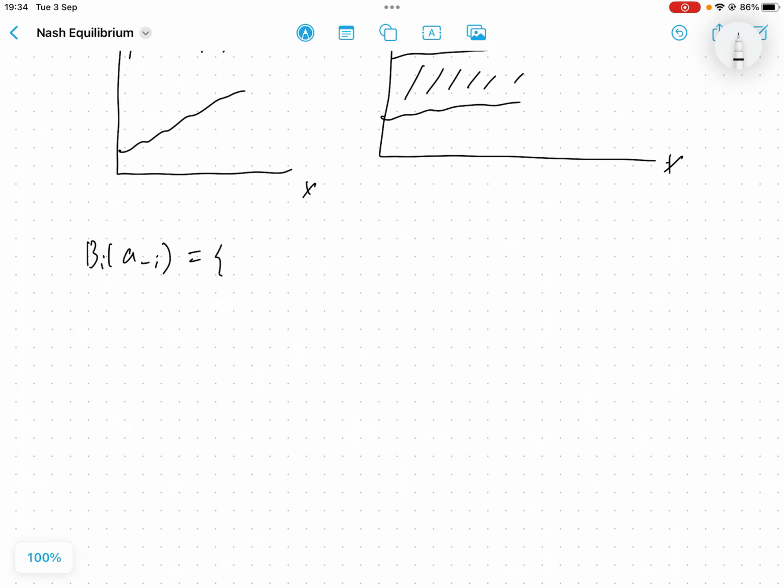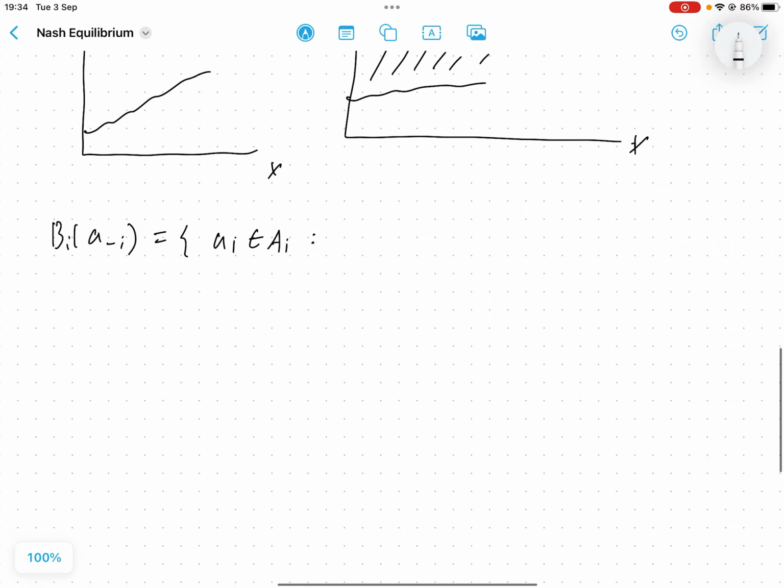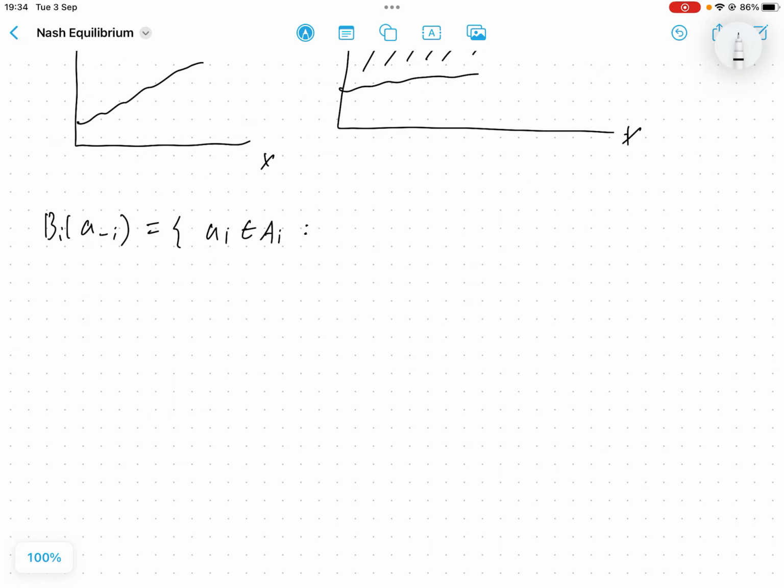It collects the a_i from the capital A_i, the action space, with the requirement that if the other players play a minus i and this player plays a_i, then this action profile is weakly preferred to the one where the other players play a minus i and this player plays a_i prime.